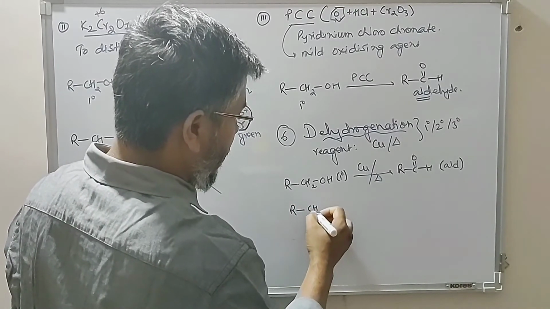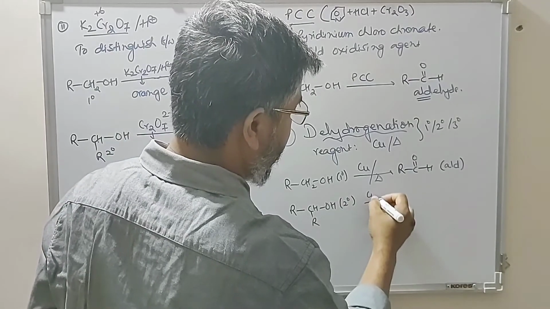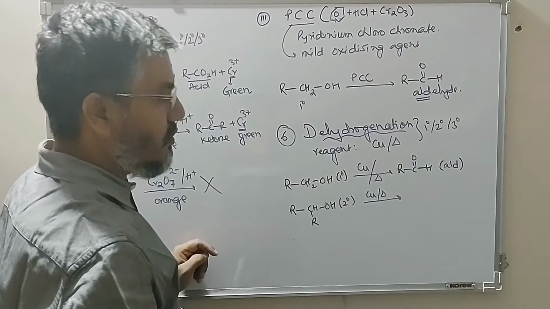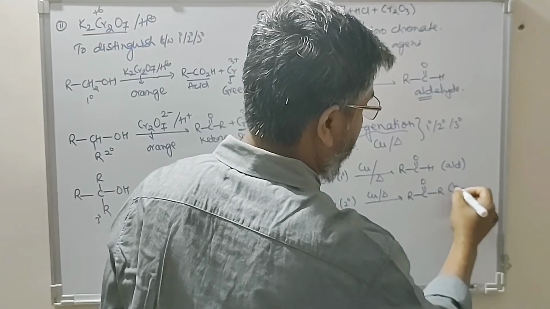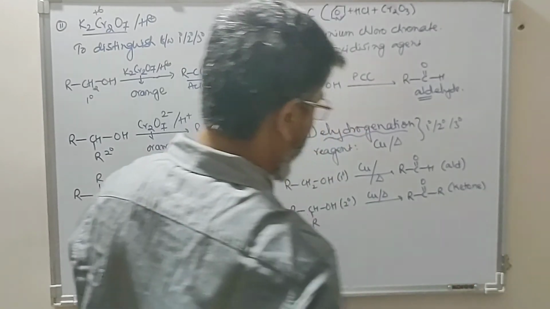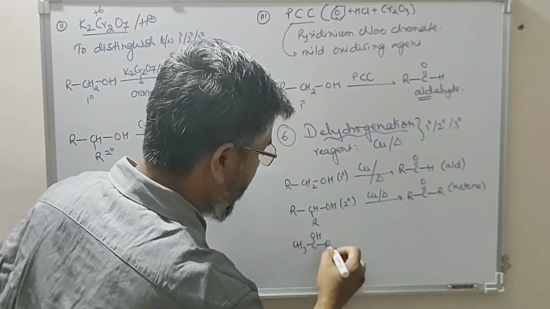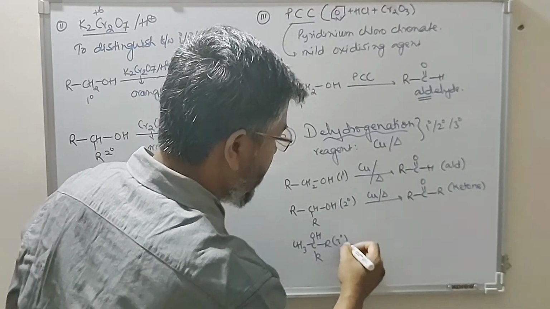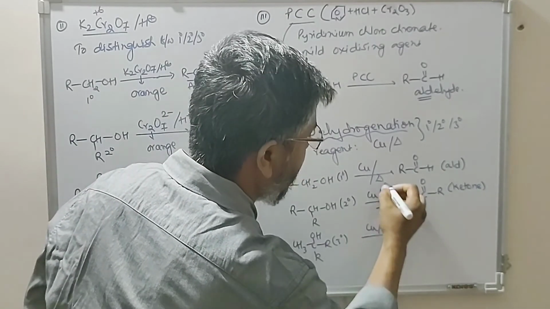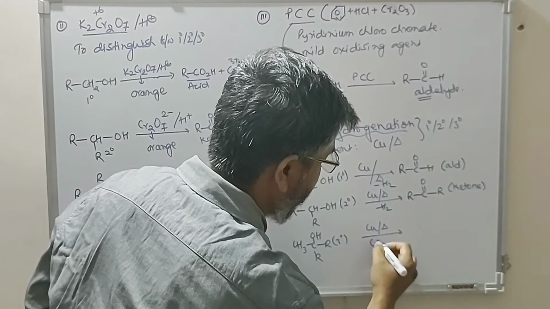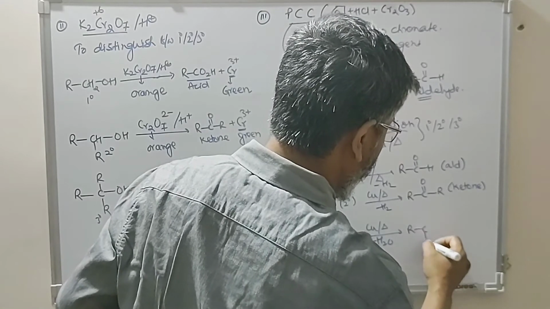If the starting compound is a secondary alcohol, on reaction with copper followed by heating this gives you ketone. So secondary gives you ketone. But if we start from a tertiary alcohol of this type, on heating with copper powder it undergoes dehydration, that is, a molecule of water is removed, and this gives you alkene.